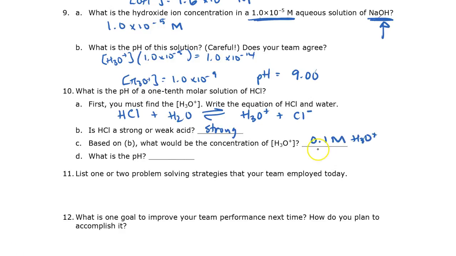So I say it's 0.1 molar. That's 1/10 molar. Why is that? If HCl is a strong acid, what do we know about strong acids? They dissociate 100% or completely, and so however much HCl I have, that becomes that same amount of hydronium because 100% of it is converted into hydronium, so 1/10 molar.